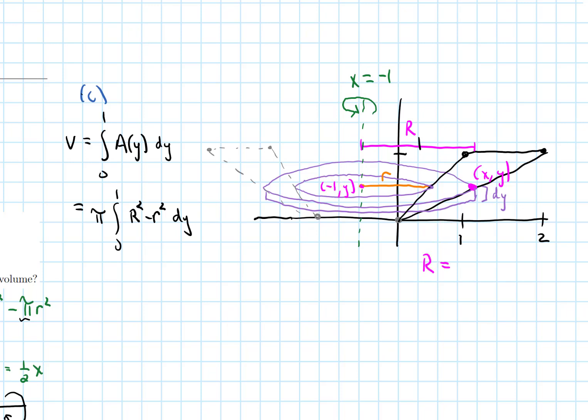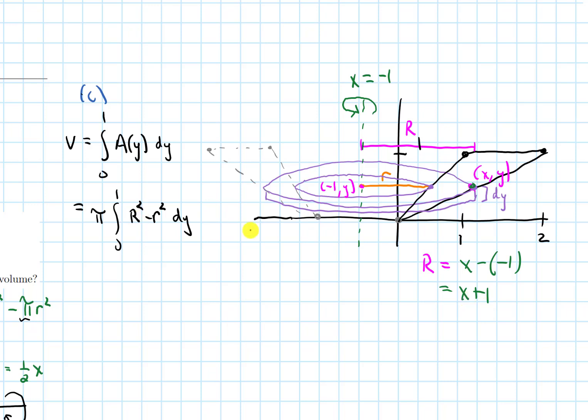So big R is going to be, well, I basically need to subtract these two x values. That'll give me this length. So I do the bigger x value, which let's just call x, this point's x-coordinate, minus the x-coordinate at that smaller point, which is -1. So this will give me x plus 1.